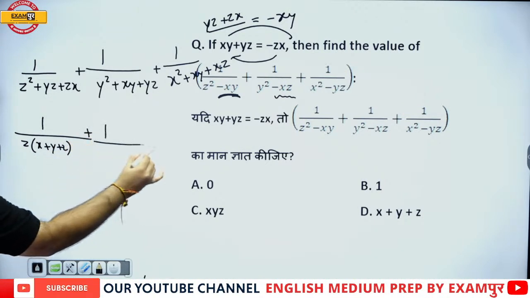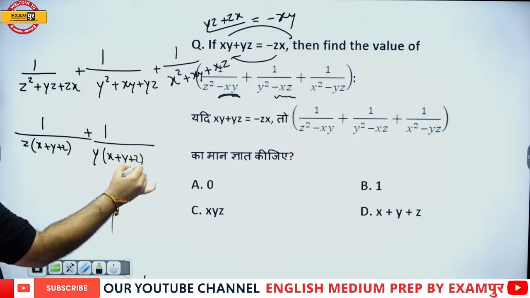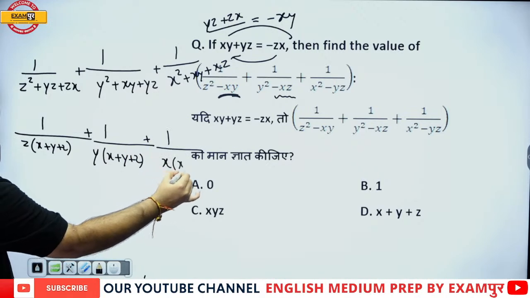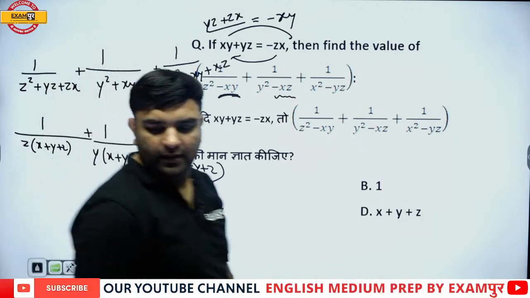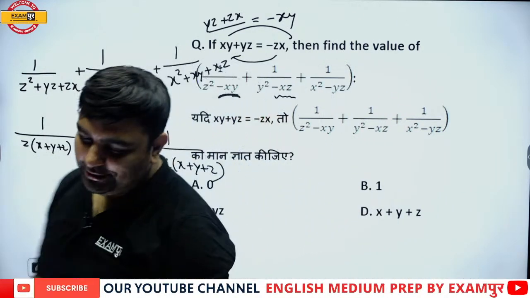Here y is common in all, so y times x plus y plus z. And here x is common in all, so x times x plus y plus z. Now you might have got a sense of relief. Oh, now this is doable.